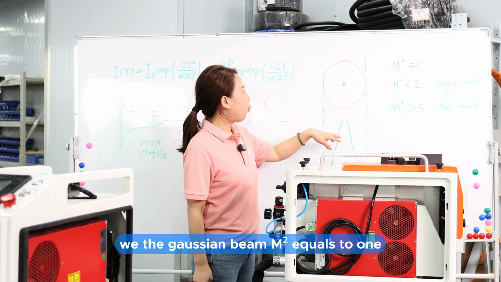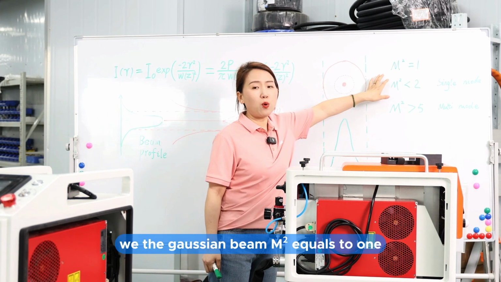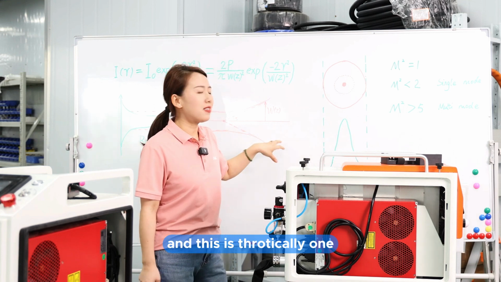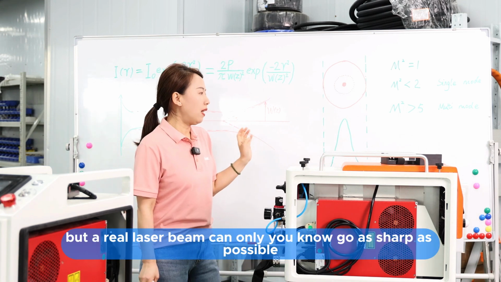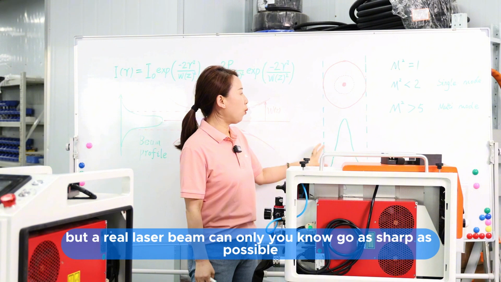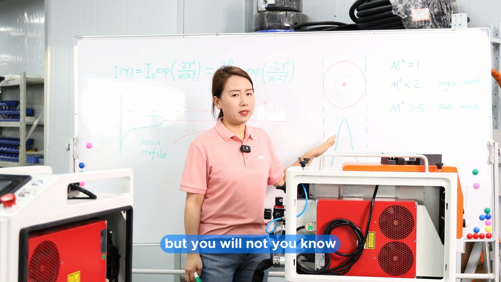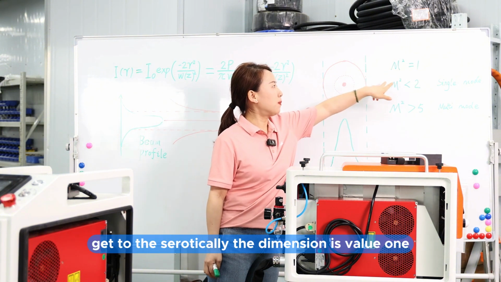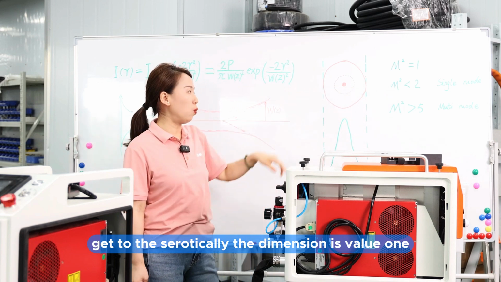For a Gaussian beam M squared equals 1 theoretically, but a real laser beam can go as sharp as possible and still not get to the theoretical dimensionless value of 1.